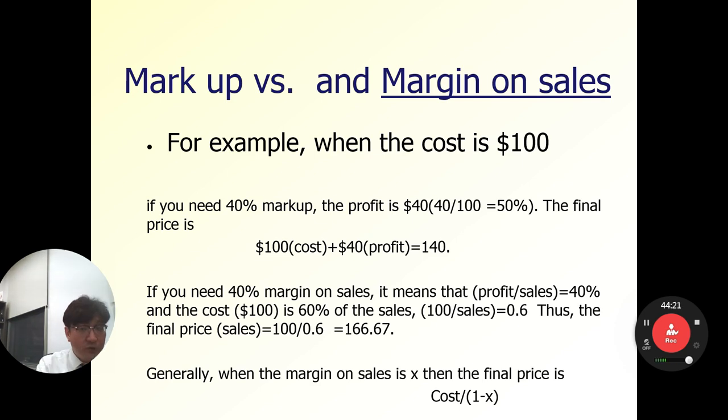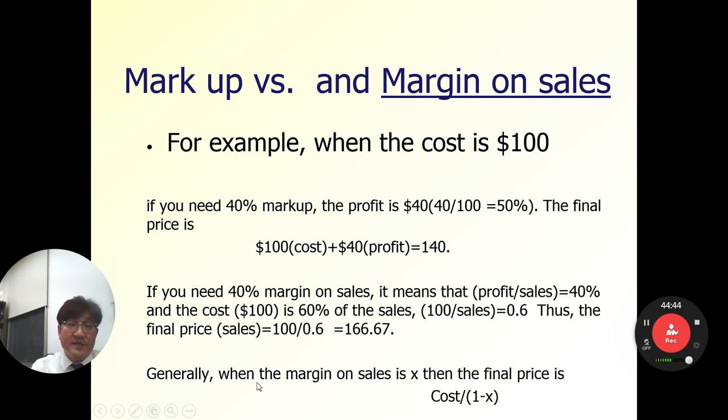You follow me? You just solve this equation: if you put sales as X, 100 divided by X is 0.6, then X is 100 divided by 0.6, so it is $166.67 for the final price.